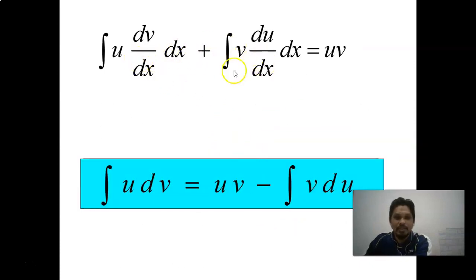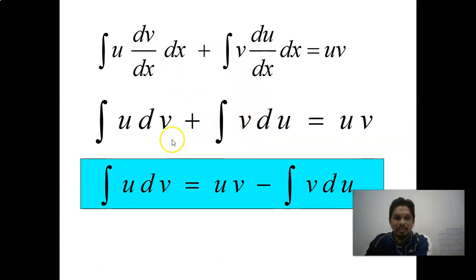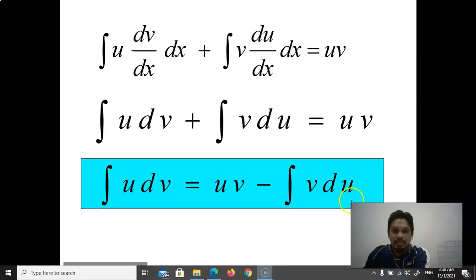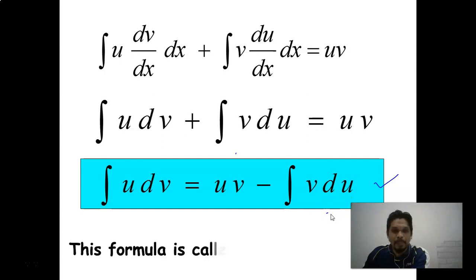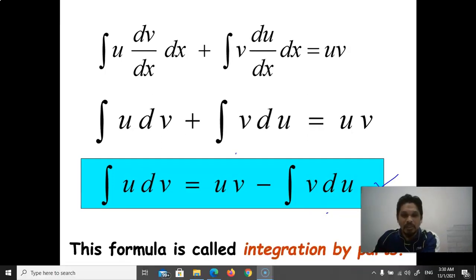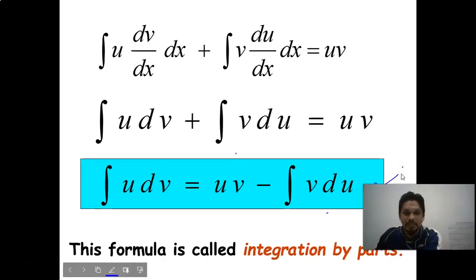Then we rearrange everything here, so the integral of u dv. This is the formula of integration by parts that we are going to use for this question. So this formula is called integration by parts.